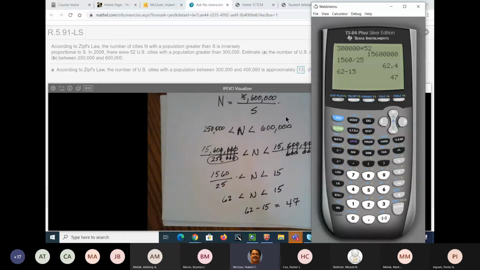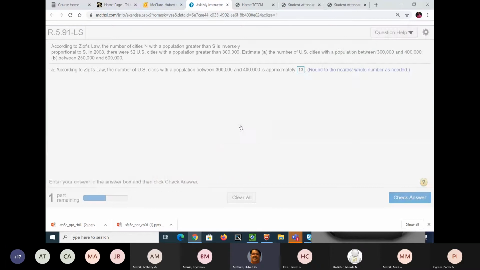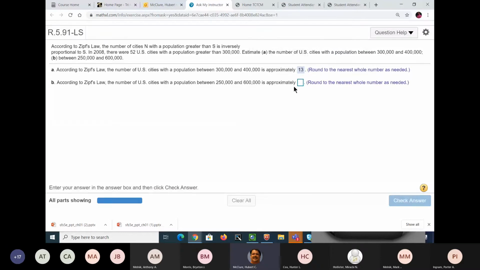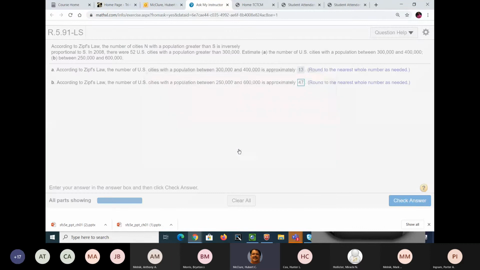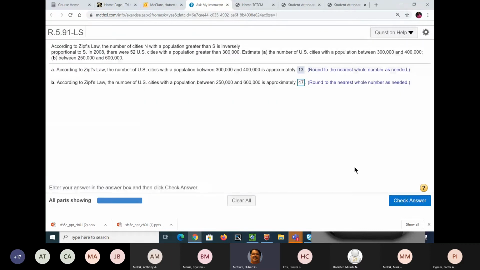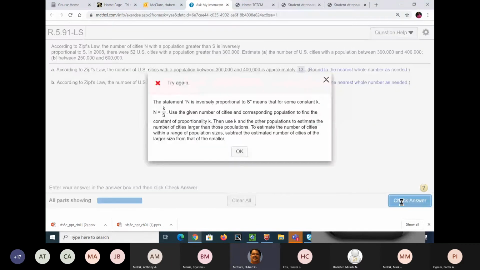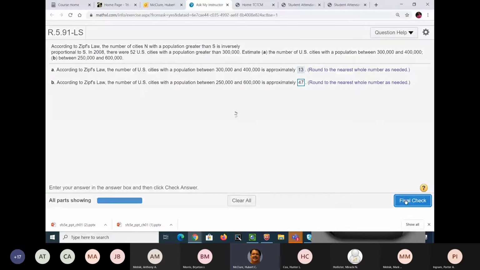Now, it may be 48 or 49 or 46 based on how they rounded that decimal, but I got 47. Let's see what they got. I got 30. Must have done something wrong. Did anybody get 36? Nope.